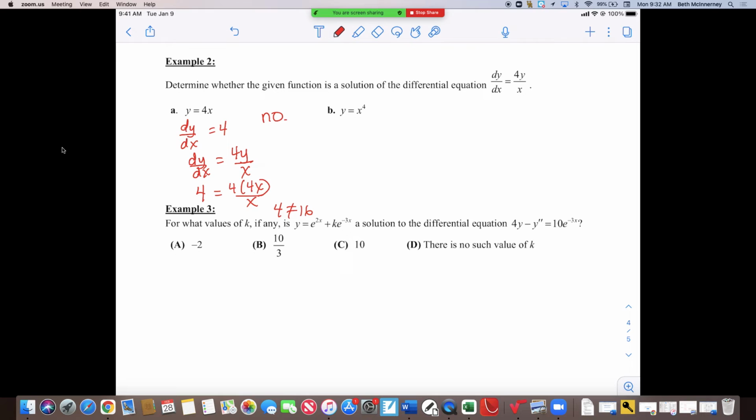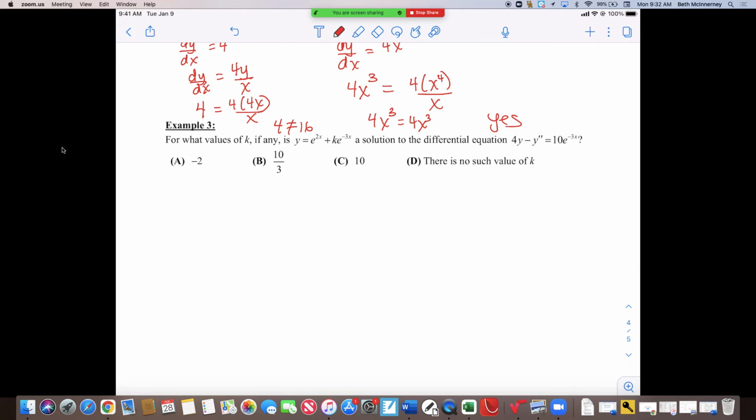All right, what do we get, yes or no? Yes. So let's figure out how. dy dx is 4x cubed. Then I'd have 4x cubed, and does that equal 4 times x to the 4th over the x? And the answer is yes.